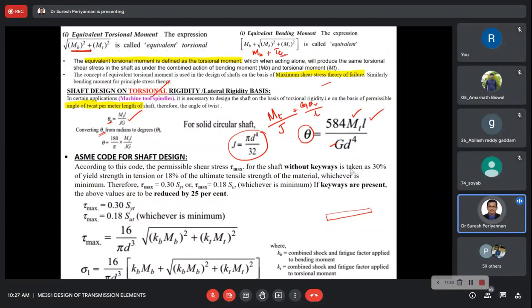In machine tool spindles it's necessary to design the spindle because it has a small length, so the deflection and bending moment are also very small. Hence we use the torsional rigidity concept for defining the shaft diameter, especially in small shafts, for example, the machine tool spindle.